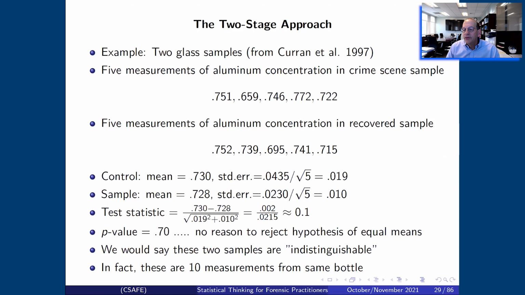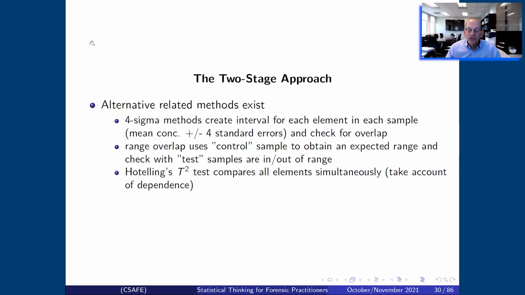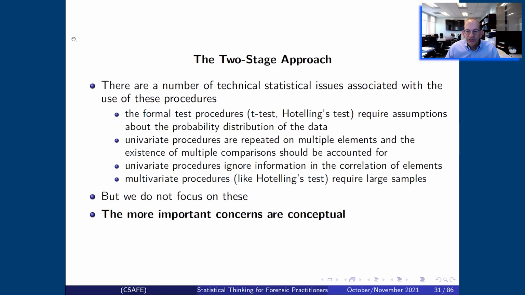And we find when we do the test that the p-value is quite high, which you'll remember means if they came from the same source, the kind of difference I see here would be expected. And that turns out in this case to be true. These did come from the same glass source. There are a lot of statistical procedures for doing this. That's all that this slide says.